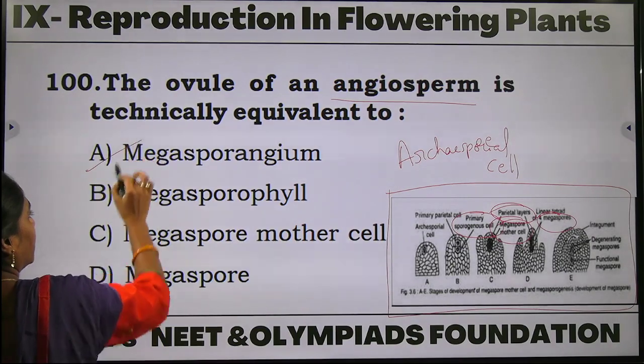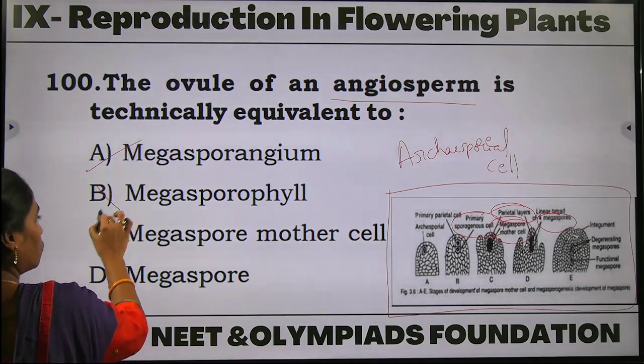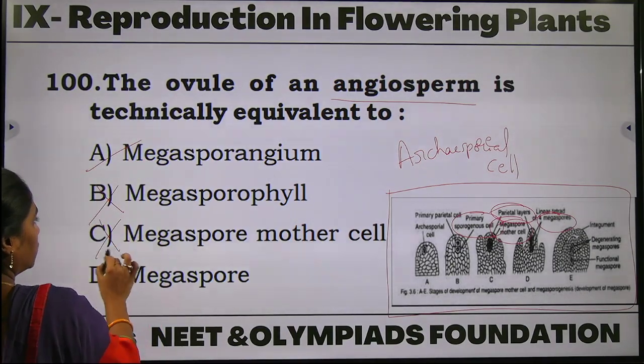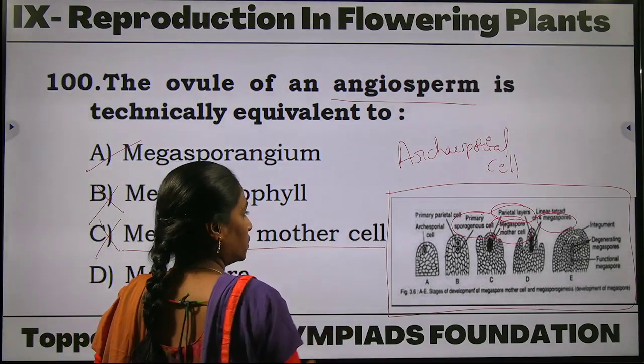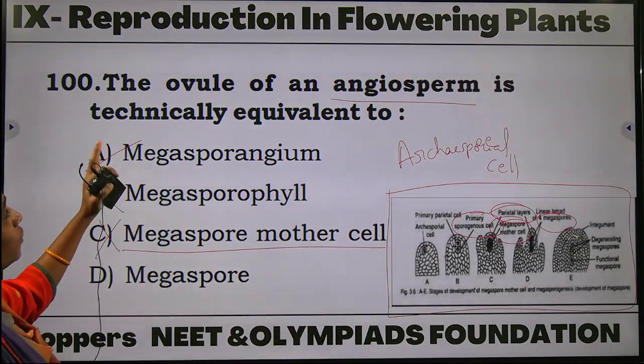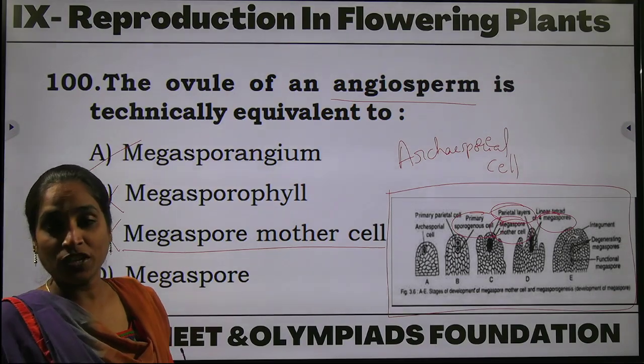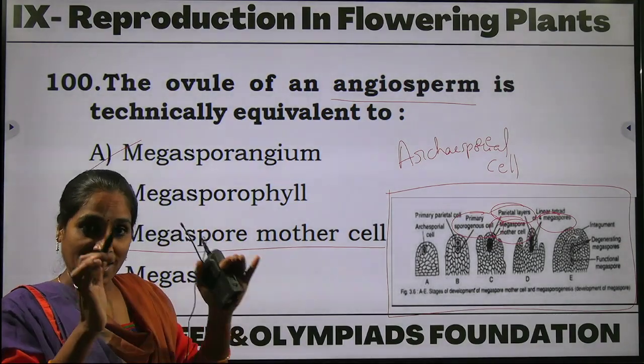So what is that condition here? It's a megasporangium, not the sporophyll, not the megaspore mother cell. It might be the megaspore mother cell, but it is not equivalent to the ovule. Inside the ovule the embryo sac has to form.